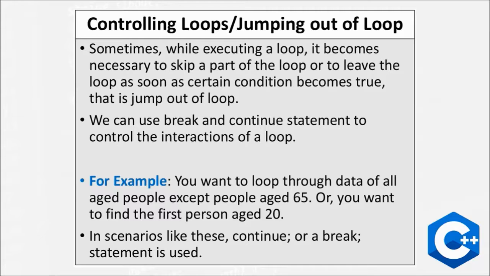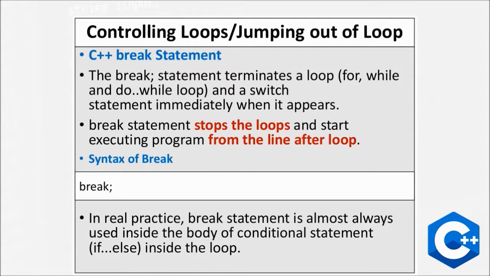So here is the break statement and how we use it in C++. First of all, the break statement terminates a loop, be it a for loop, while loop, do while loop, or a switch statement, immediately when it appears.